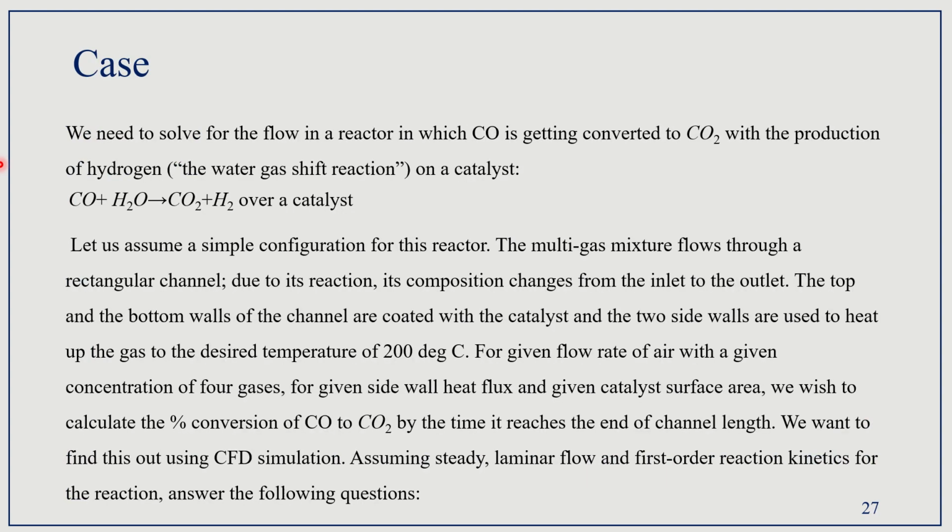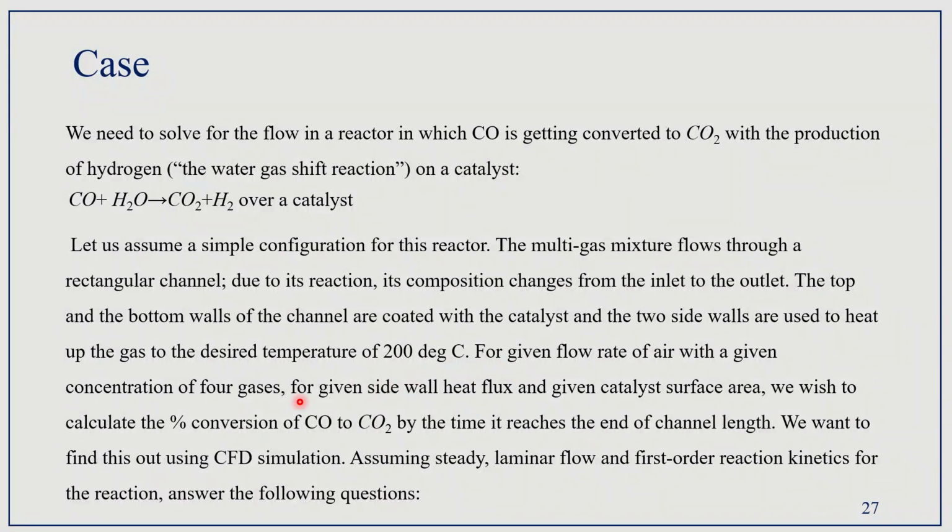Let us assume a simple configuration for this reactor. The multi-gas mixture flows through a rectangular channel. Due to the reaction, its composition changes from inlet to outlet. The top and bottom walls of the channel are coated with the catalyst, and the two sides are used to heat up the gas to the desired temperature of 200 degrees Celsius.